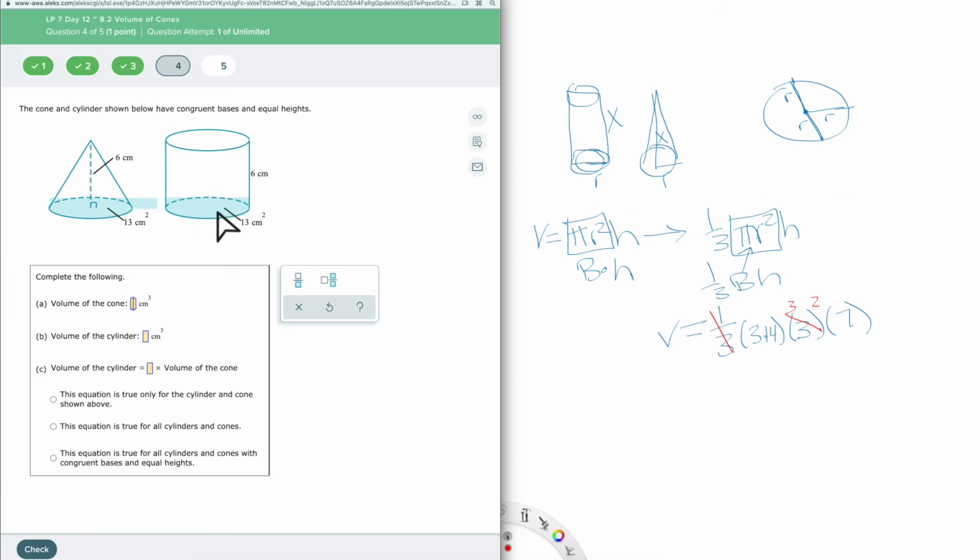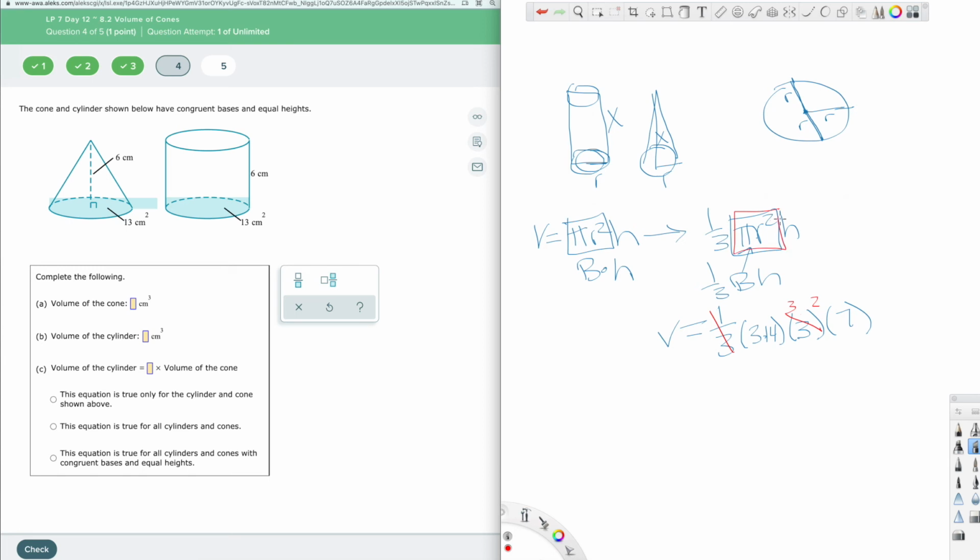They're not even telling us what the radius or diameter are. They're just saying this one has 13 centimeters squared and this one has 13 centimeters squared. Remember, it would be pi r squared to do either one, so that means the radius would have had to be the same to get 13 centimeters squared for both. So they simplified it for us a little bit.